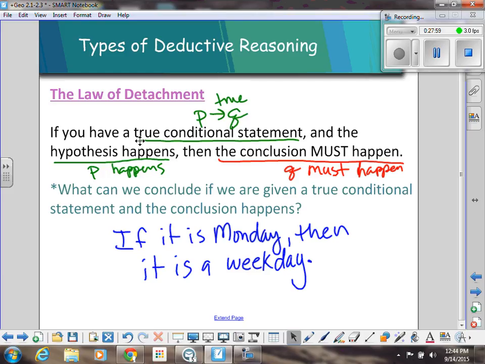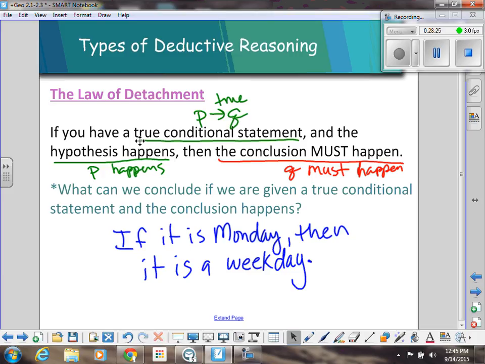So now look at this next part. It says, what can we conclude if we are given a true conditional statement and the conclusion happens? So we'll stick with this same statement, right? So here's our true statement. But what if I said, instead of it is Monday, what if I said, okay, it's a weekday? Would you know anything? It could be Monday or it could be some other weekday, couldn't it?